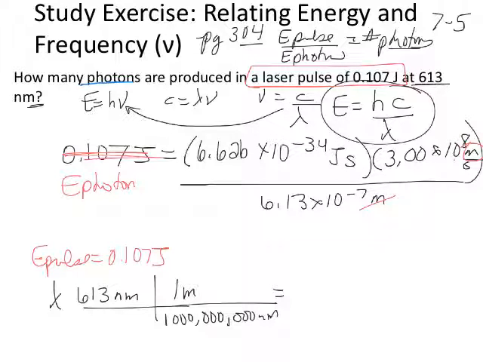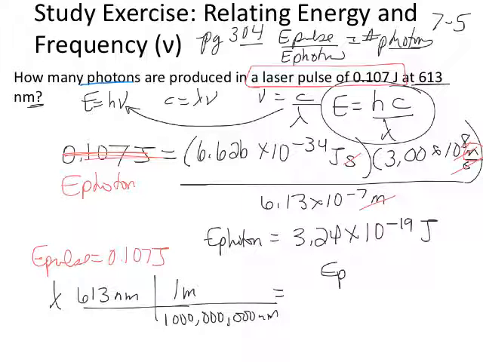The meters cancel out, seconds cancel out. And so the energy of a single photon at 613 nanometers is 3.24 times 10 to the negative 19 joules. And then we're going to take the E of the pulse and divide it by E of the photon, and this is going to give us the number of photons.